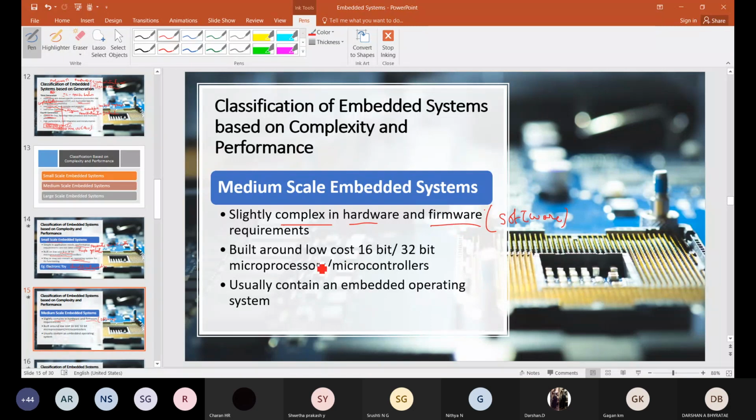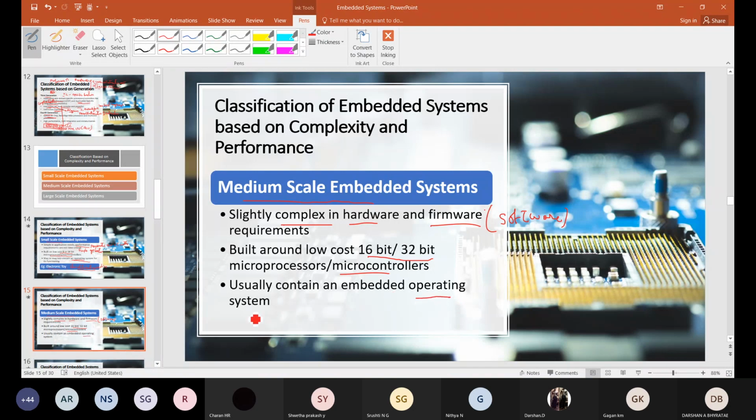Okay, and again, what type of microcontroller are we going to use? We can use a 16-bit or 32-bit microcontroller. In the medium scale embedded system, I can use a 16 or 32-bit microcontroller or microprocessor. If I build my application using this, such a type of embedded system we call a medium scale embedded system here. Okay, and in the medium scale, it may contain an operating system or may not.